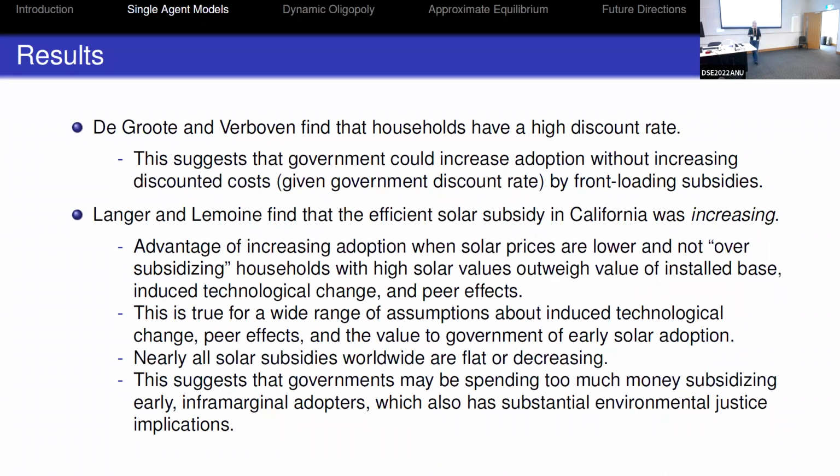It really suggests that there's a lot of money being wasted on these subsidies. I mean, okay, maybe I should have started from that assumption as an economist, that there would be money wasted, but this is a particular way in which money is being left on the table, right? Or in particular, that per dollar of government spending, there's not enough solar being installed, right?